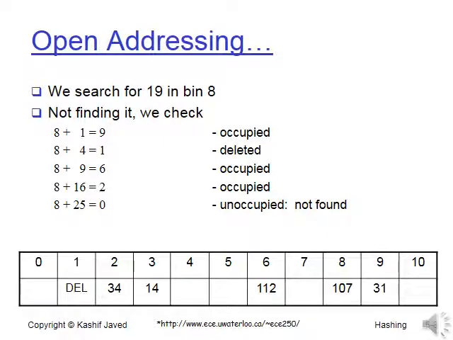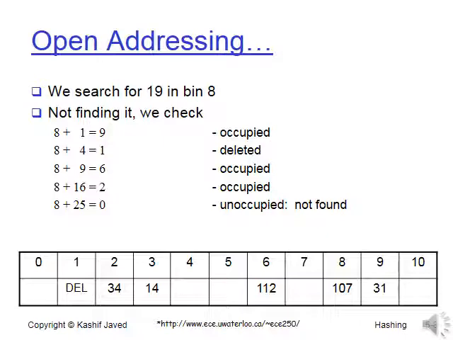We further increment the quadratic function variable I to 3 and compute the hash value, which equals 6. We find bin 6 in the hash table marked occupied, and the number the bin contains is 112.